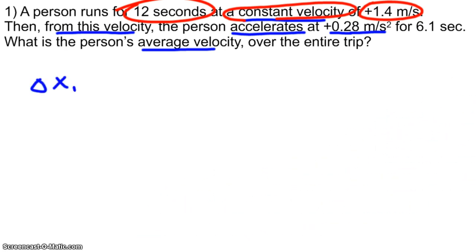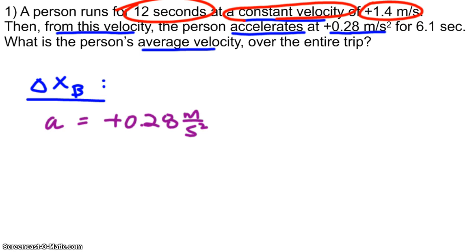How do we find delta X in B? We look and we see which equations we'll have to use. In segment B, the person has a constant acceleration, and we know the value of that acceleration. It's positive 0.28.